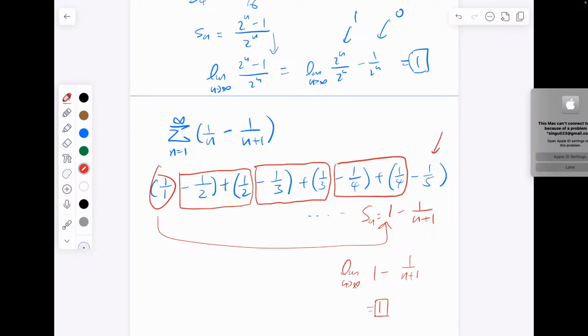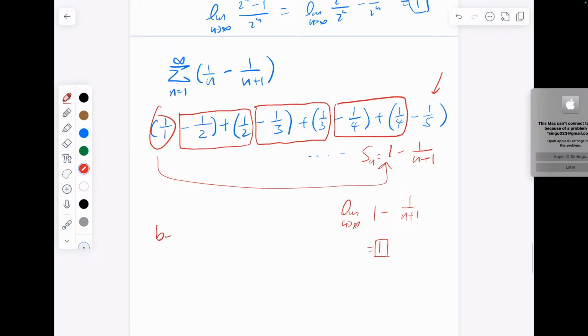So this is a very famous series. It's called a telescoping series. A telescoping series is going to look like this: b1 minus b2, plus b2 minus b3, plus b3 minus b4, and it keeps on going.